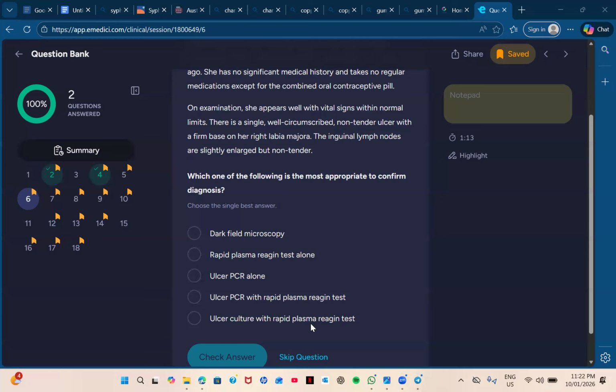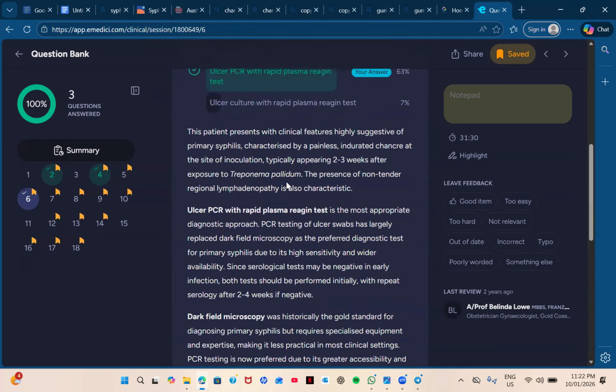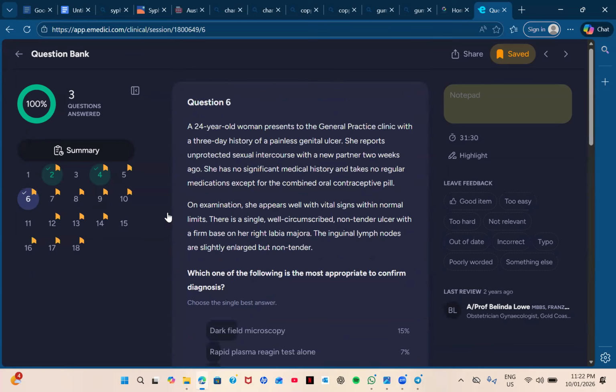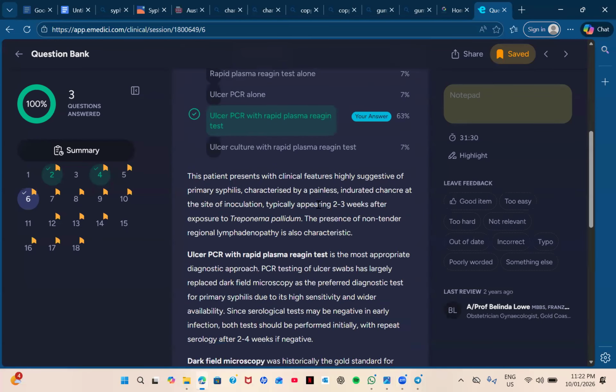We got D's and E's. So most of the doctors are going with D, right? 1, 2, 3, 4. Okay, so I'm going with D, because it's your answer. Okay, let's check. Yes, you are correct, right?